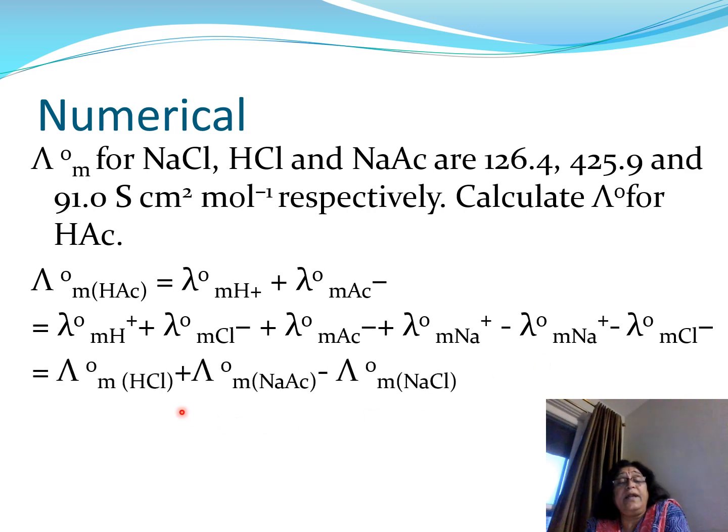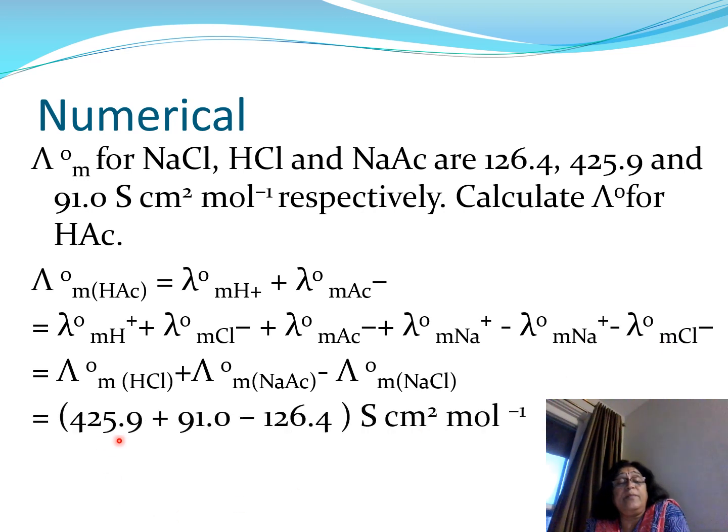So if you add the molar conductivities of HCl and NaAc, and subtract NaCl, you will get HAc. So 425.9 plus 91 minus 126.4 will give you the molar conductivity at infinite dilution for acetic acid.